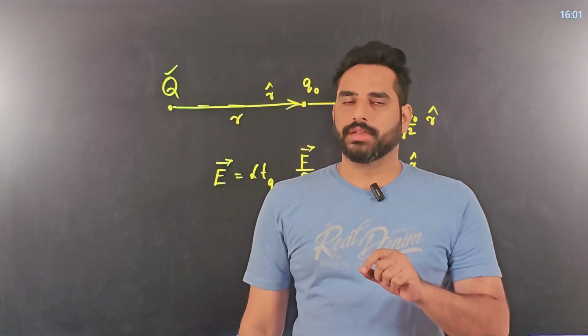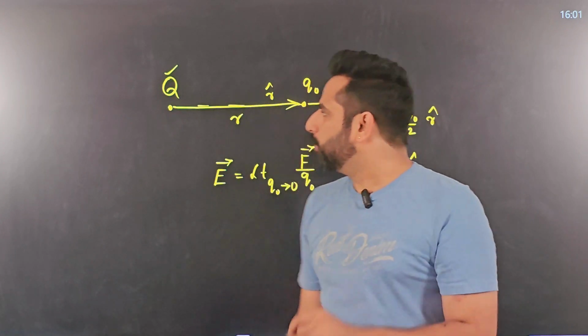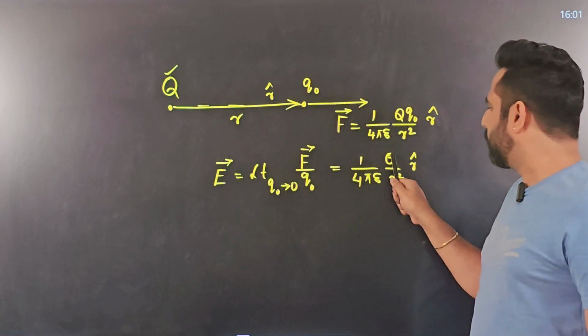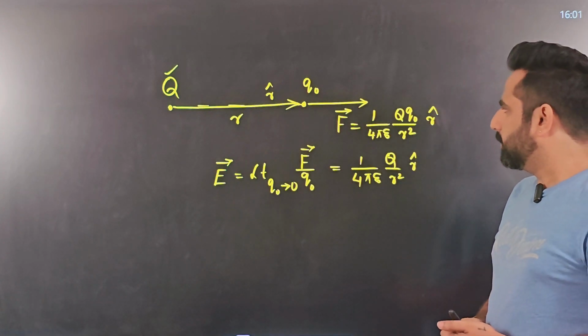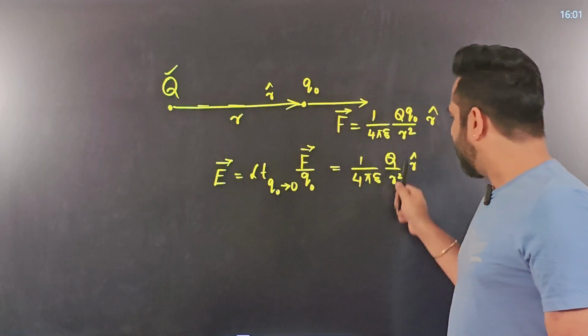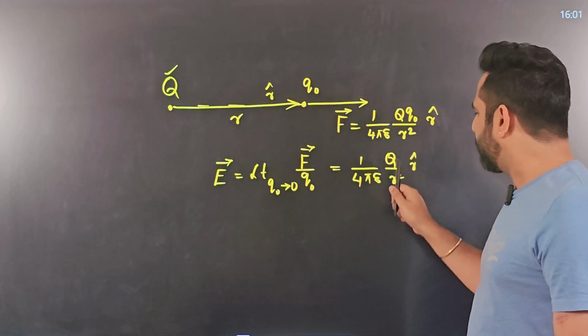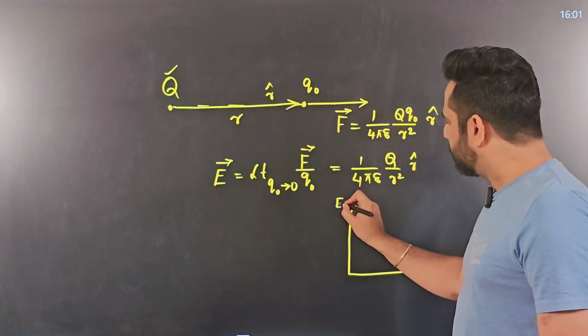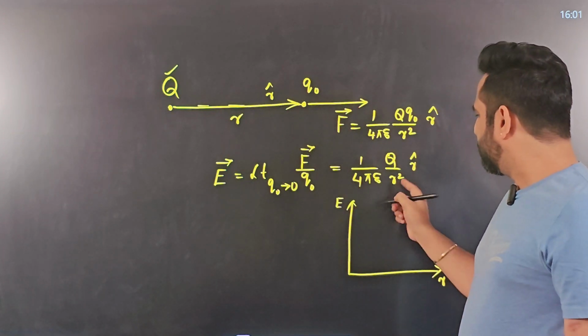The electric field intensity due to a point charge at a distance r from it is 1 by 4 pi epsilon naught Q by r square. It is in the direction away from the positive charge, and its magnitude is Q by 4 pi epsilon naught r square. And if you draw the graph of electric field versus distance, it is decreasing with distance.